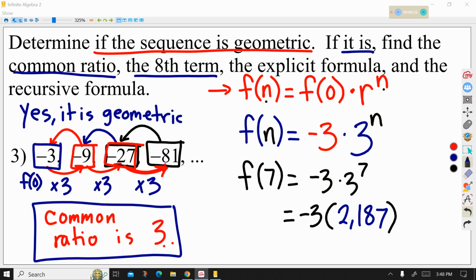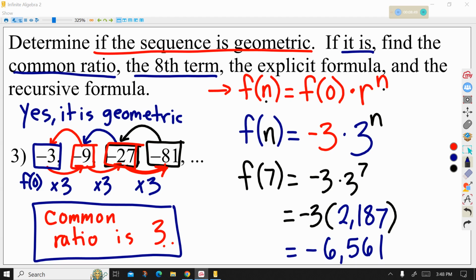So now we're going to multiply that value by -3, and we should get -6,651. Sorry, 561. Yeah, 6,561. There we go. So this value is the end of the problem. We finally got the 8th term.